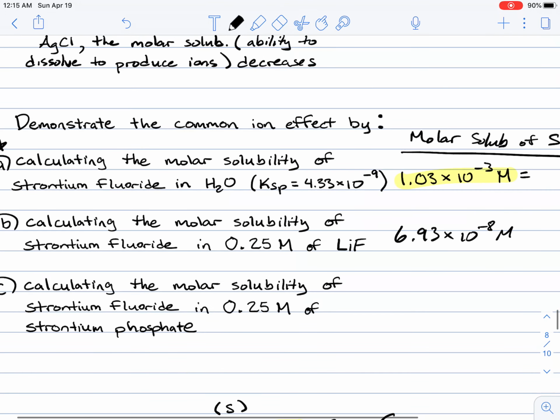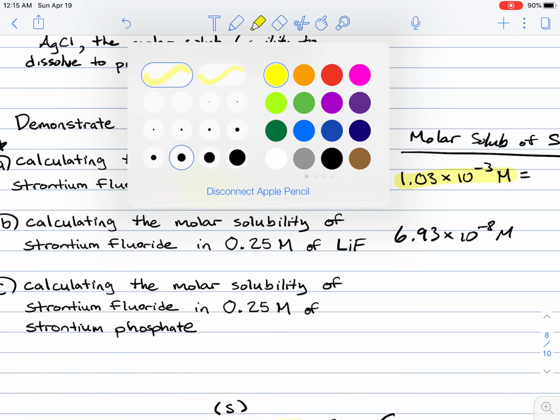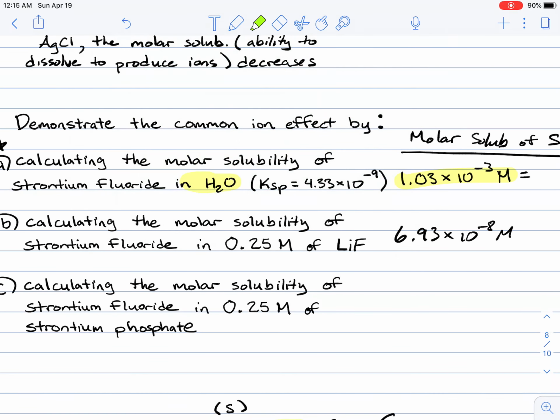If you notice, the molar solubility in water is going to be 1.03 times 10 to the negative 3. However, the molar solubility of strontium fluoride in this amount of lithium fluoride decreases to 6.93 times 10 to the negative 8.